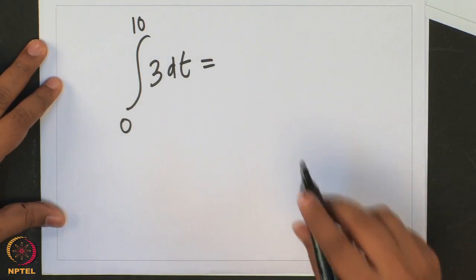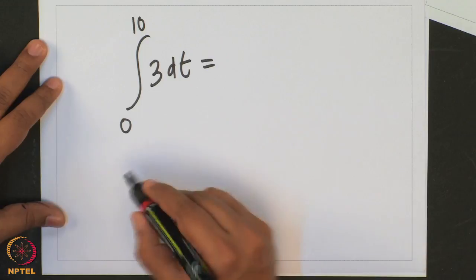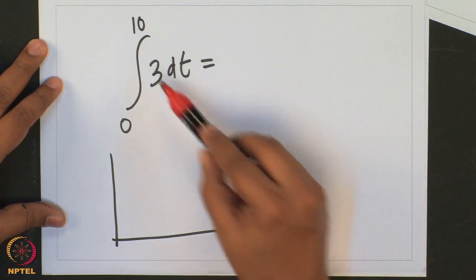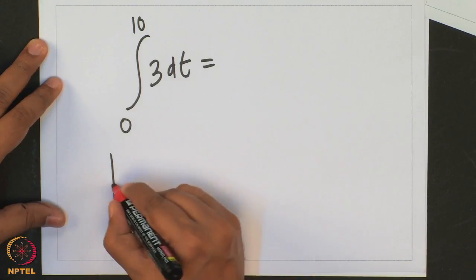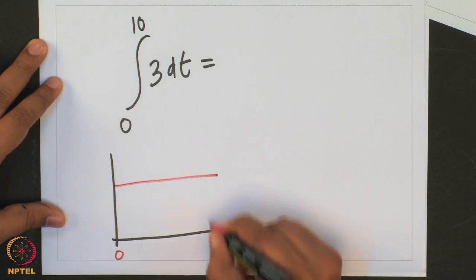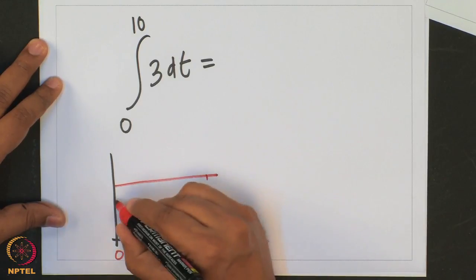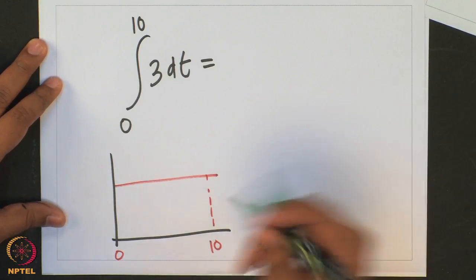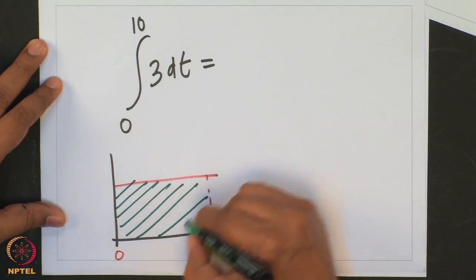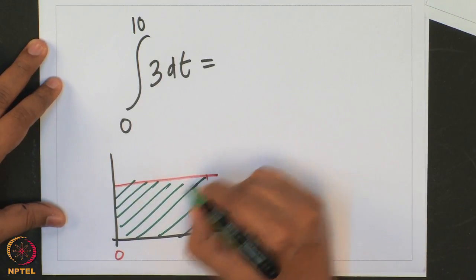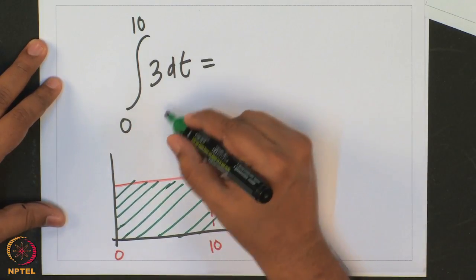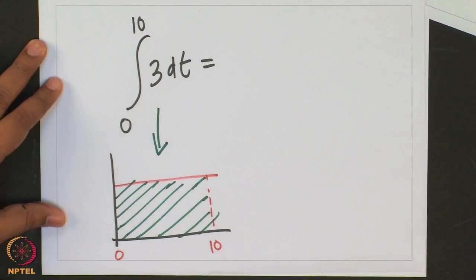The meaning of this is that if I draw a graph of this function 3, this shaded area between 0 and 10 is the graphical meaning of this.